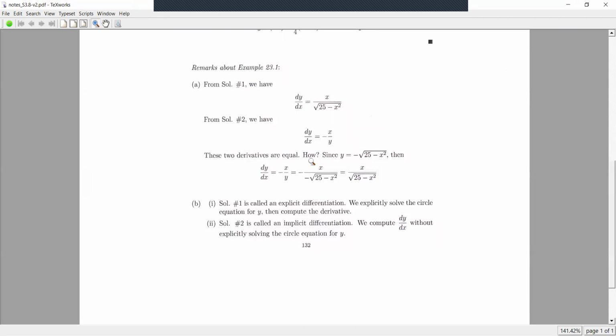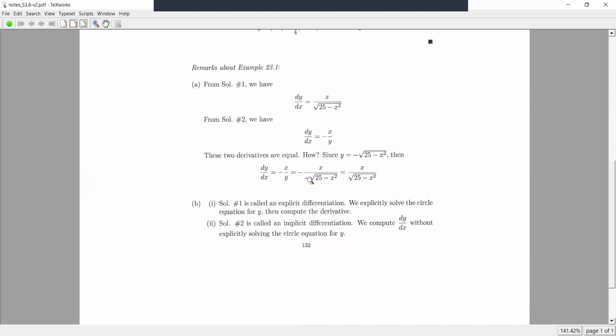How to see that? From solution 1, we saw that y is negative square root of 25 minus x squared. If we plug in this equation here, then the derivative from solution 2 becomes this.